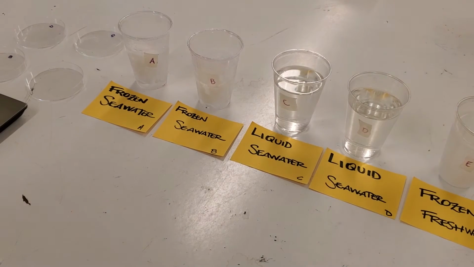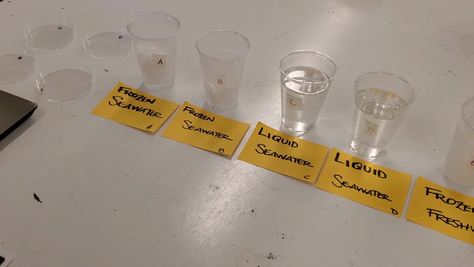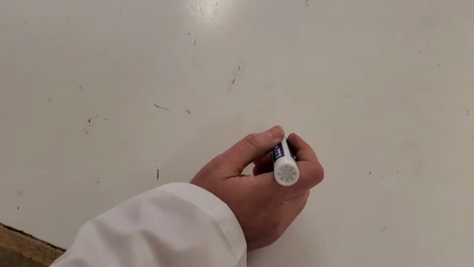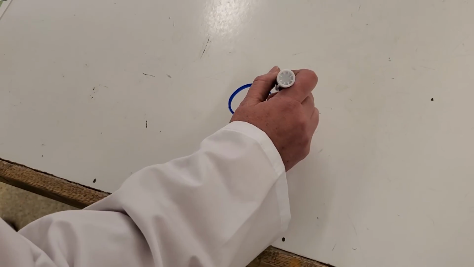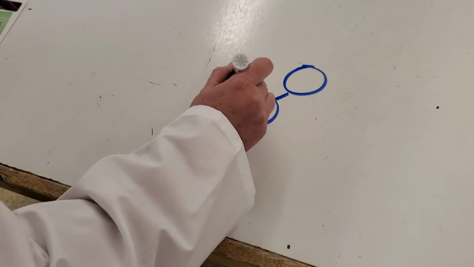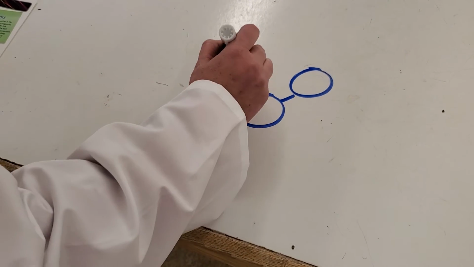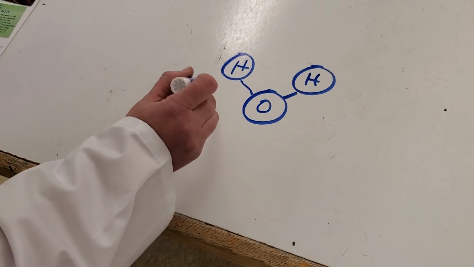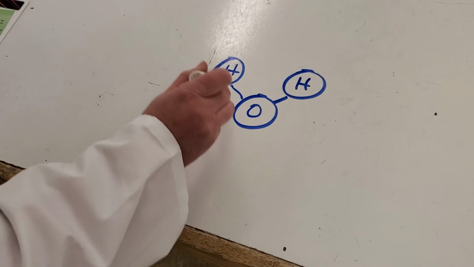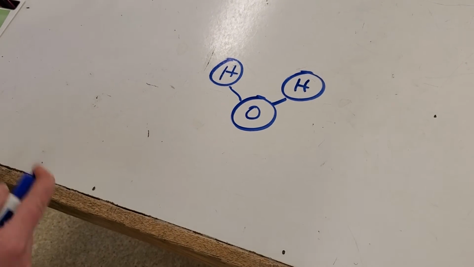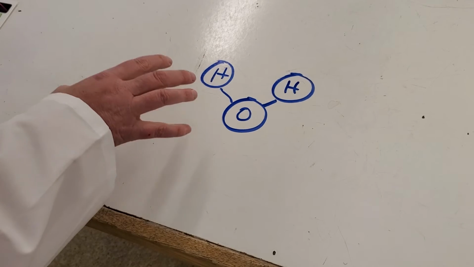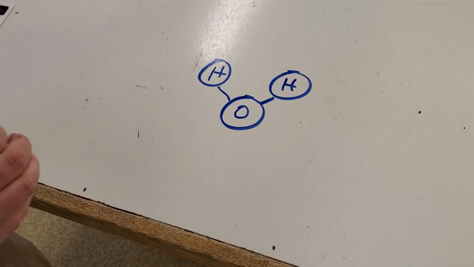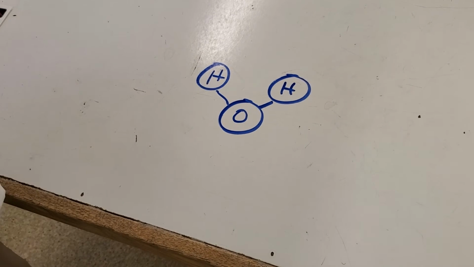But if you know very much about molecules, if this is a water molecule, it's made of 2 hydrogens and 1 oxygen. And it makes this kind of V-shaped molecule. And that's what water is. And what happens is these ends have a polarity, so they might be negatively charged or positively charged.